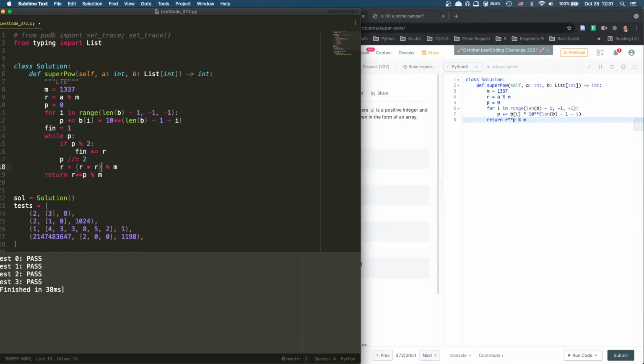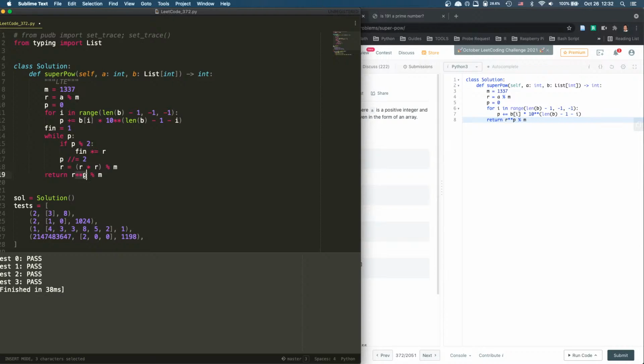And let me think again. So that would be that to whatever the amount of power times r, right? And if it's otherwise, we just update r. We know it's r to whatever this power, and then r squared again to whatever this power until we're done. Until we're done, there should be fin times.